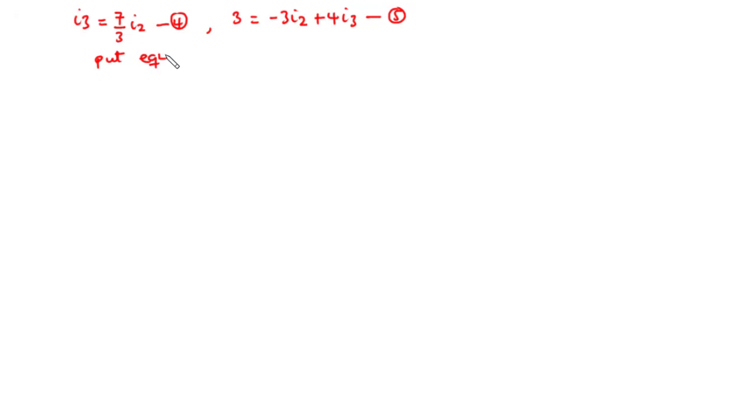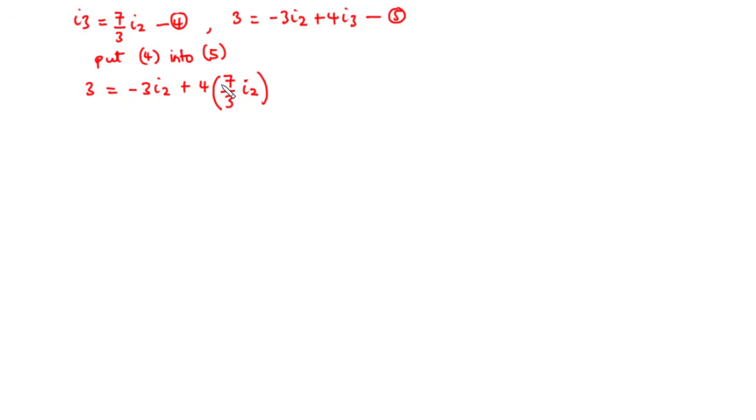We are going to put equation 4 into equation 5. So for equation 5, we have 3 equals negative 3 I2 plus 4 I3. Now in place of I3, we have 7 over 3 I2.